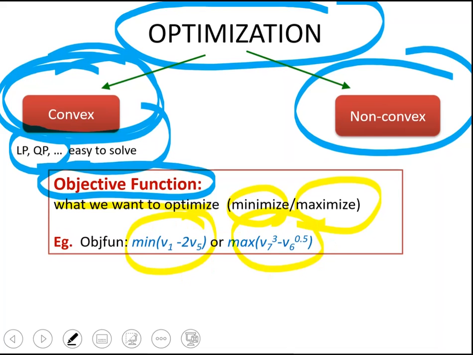It can be very simple, minimization of V1, or it can be more complex, minimization of the difference between V1 minus 2V5, or maximization of the third power of V7 minus square root of V6.